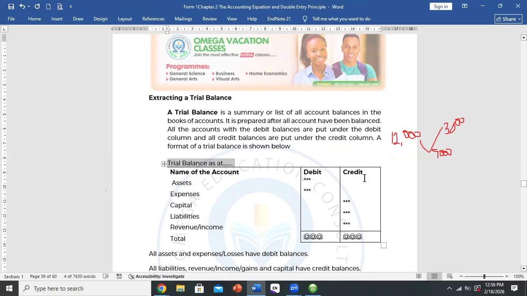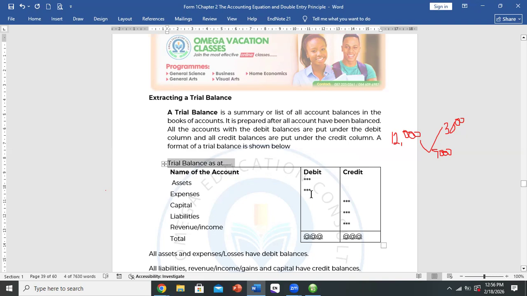It means that when you balance all your T accounts, all the accounts that you are getting debit balances, you come and put the values here. So when you write the name of the account, then you put the amount under the debit. If it's a vehicle, you write vehicle, then you put the amount.